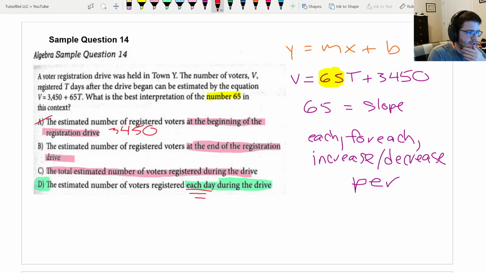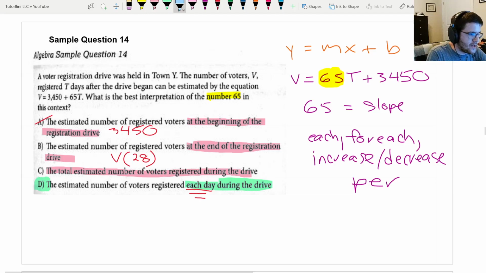But let's say it runs for, I don't know, 30 days, or 28 days, then it would be V of 28. So you would plug in 28 for x. Again, not what they're asking you for.